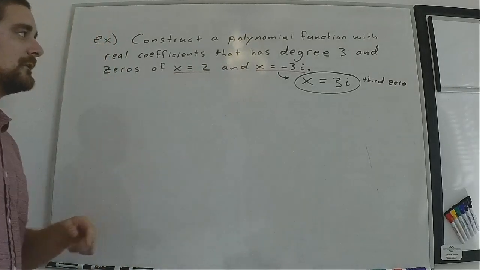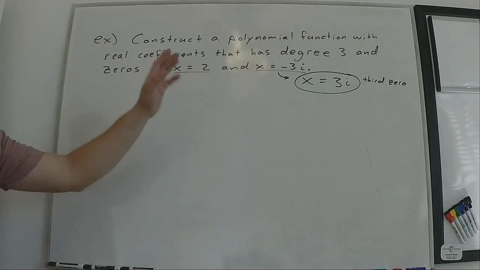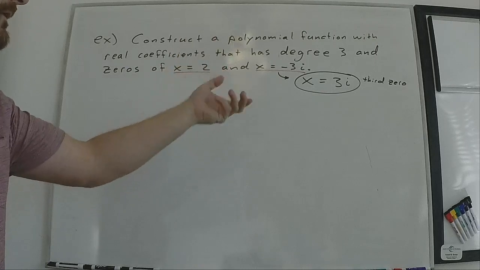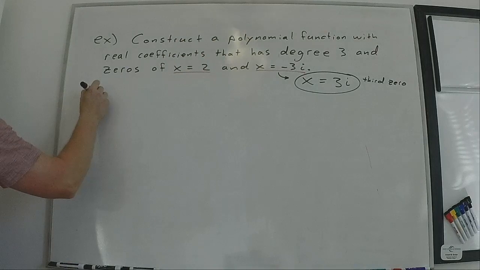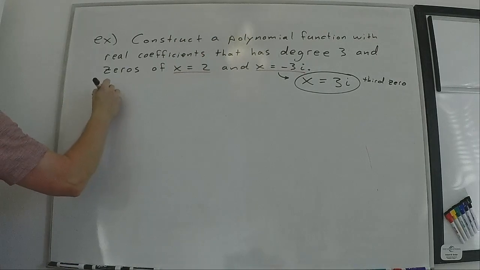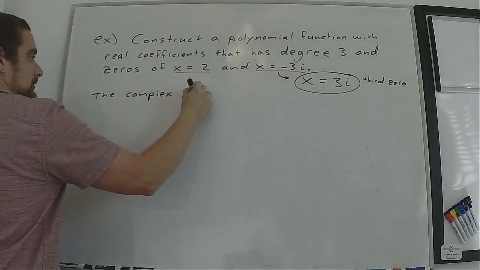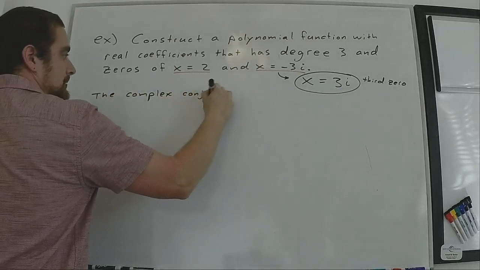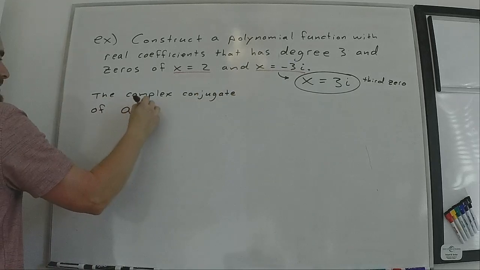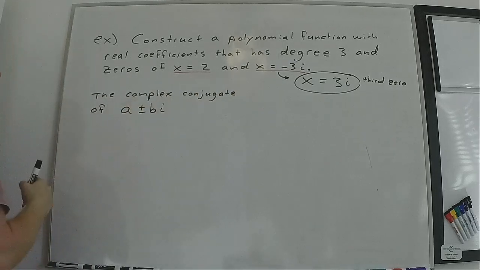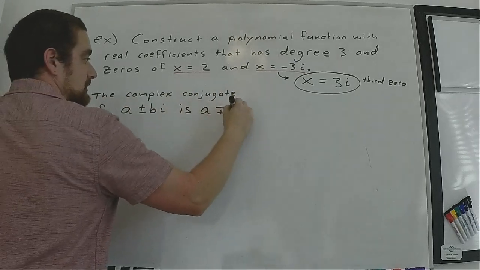So when we look at those complex numbers, if they give us a zero that has an imaginary part, we can automatically pick up a third zero based on the conjugate. And again, just as a quick reminder, when we look at a plus bi or a minus bi, the complex conjugate of a plus or minus bi, which is a complex number in standard form, is a minus plus bi.